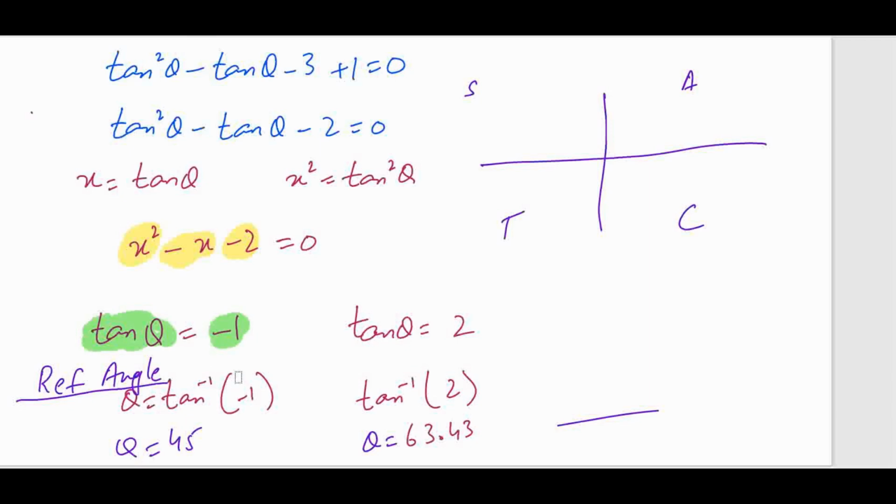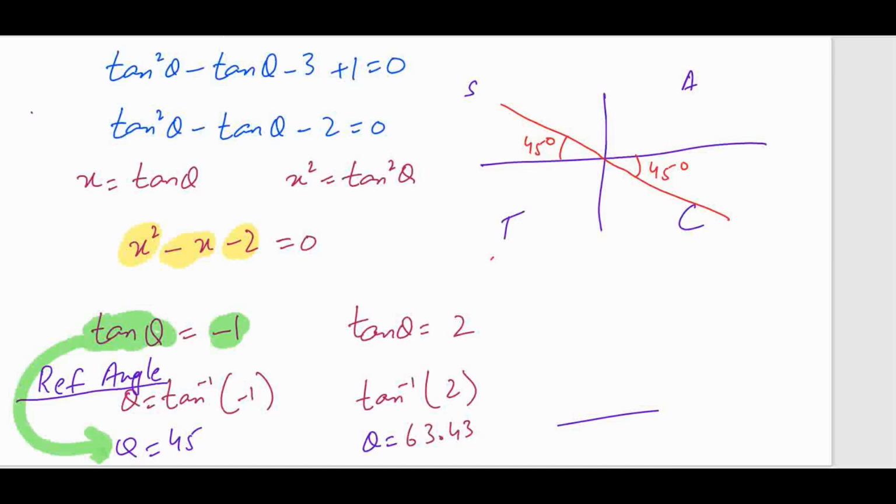Here when tan theta is negative, the reference angle is 45. Tan is negative in two quadrants, one is this one and the other one is this one. So this angle will be 45 degrees, and this will also be 45 degrees, and hence we will have two answers.